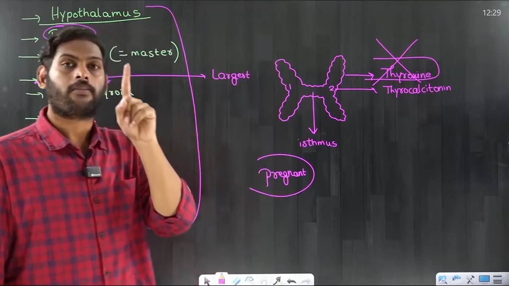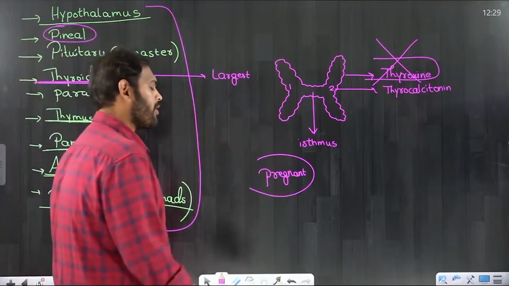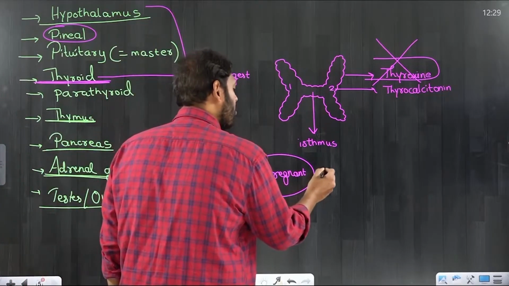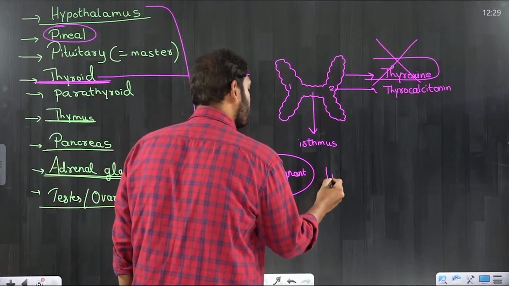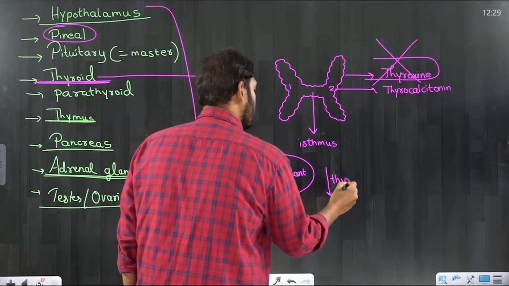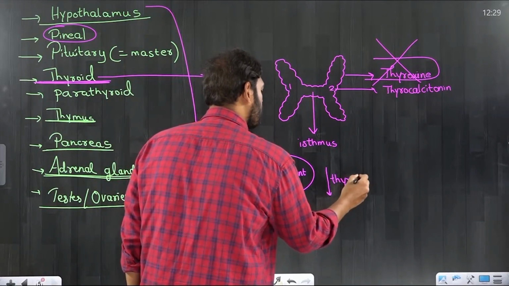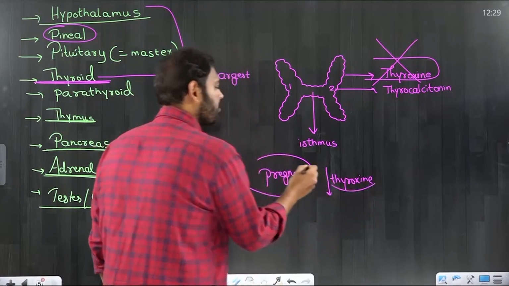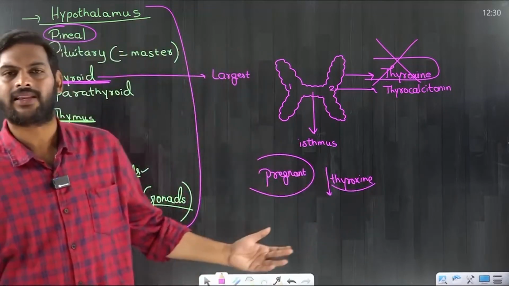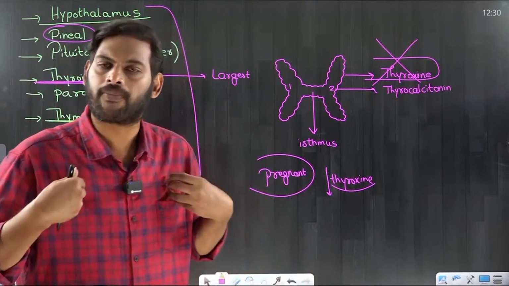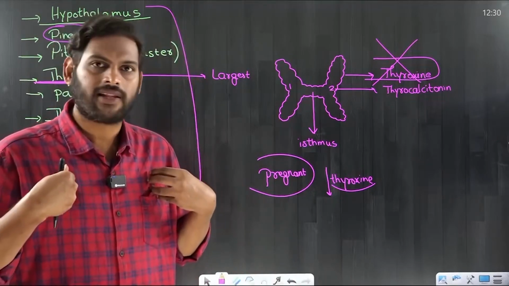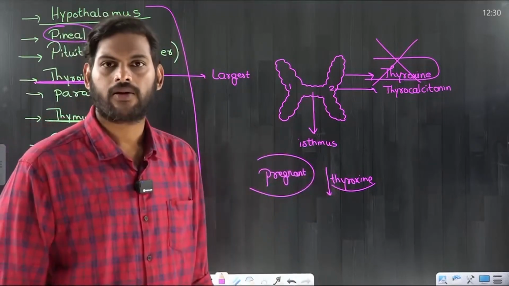But by any means, if pregnant females have got a very small amount of thyroxine in their blood, entire thyroxine will be used up by them. They will not send any thyroxine to the baby.